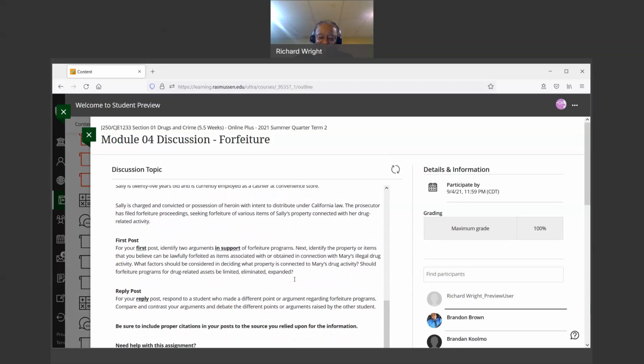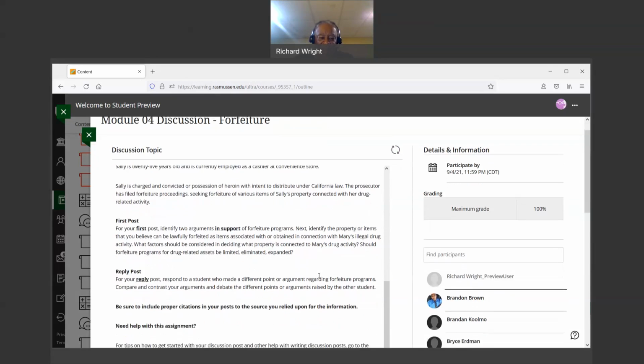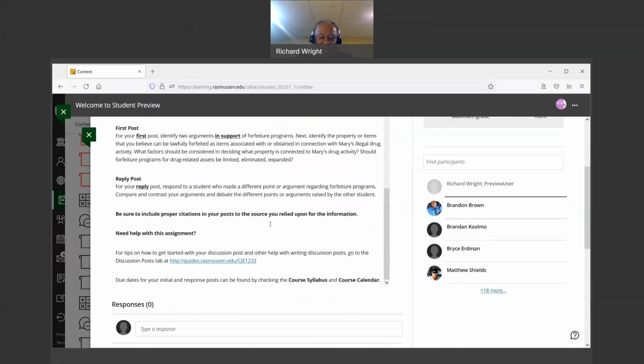What factors should be considered? Should the forfeiture programs for drug-related assets be limited, eliminated, or expanded? And then in your reply post, respond to a student who made a different point or argument regarding the forfeiture programs. Okay. It says include citations.